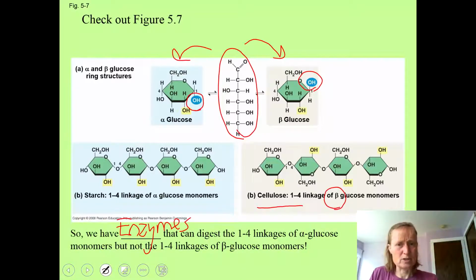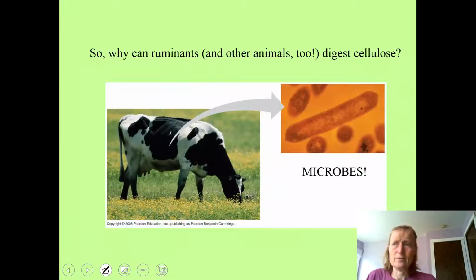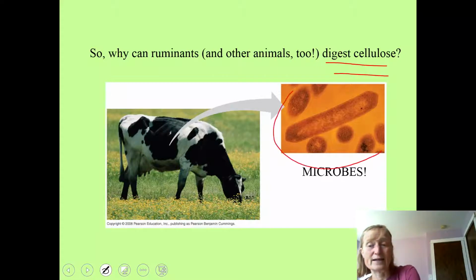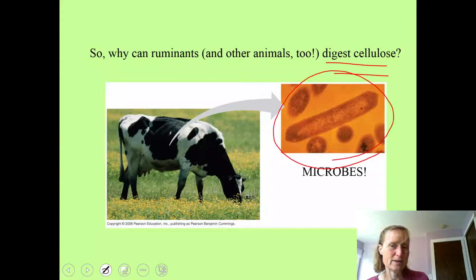Well, how do those animals do it? You know, how do cows do it? All they do is chew on grasses. Can they digest cellulose? Or how do they do it? Well, actually, cows are kind of interesting because they themselves don't make the enzymes for digesting cellulose, but inside their gut they have mutualistic bacteria that have the ability to digest cellulose.